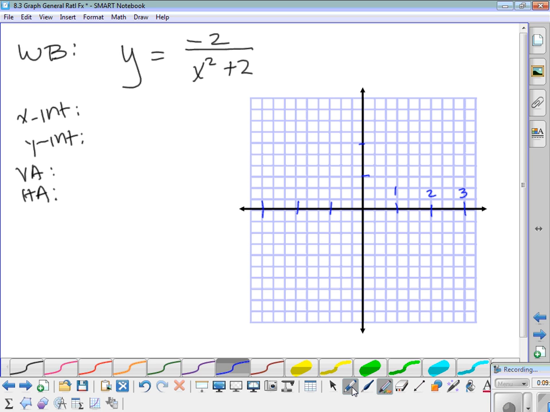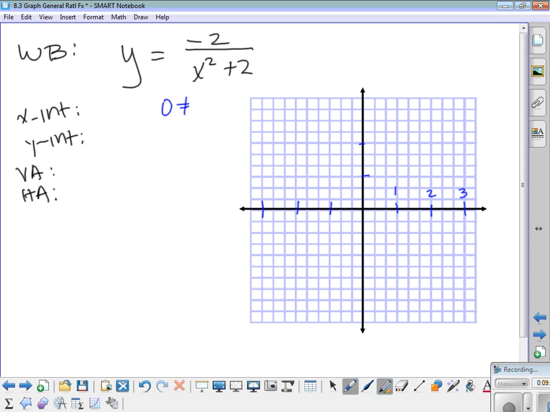Okay, so I think most of you were getting this, just to make sure we're all on the same page. The x-intercept: 0 cannot ever be equal to -2, so there is none. So don't write 0, write that there is none, okay? And then the y-intercept, if I make x equal to 0, I get negative 2 over 0 plus 2. So that's just negative 1. So it's (0, -1).